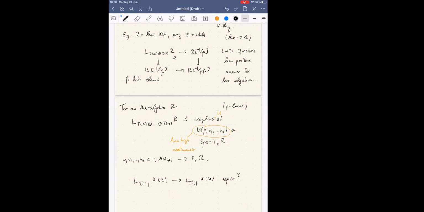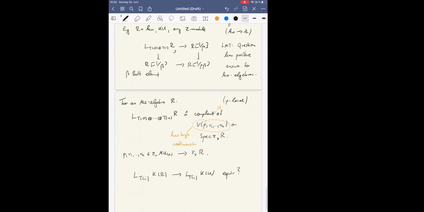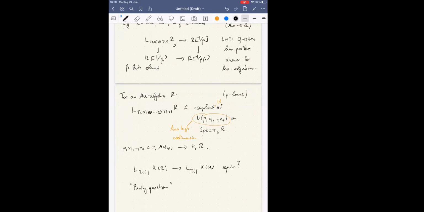And such things are called purity equations. Because, for example, we know the Brauer group of a scheme doesn't change if we remove something in codimension 2 or higher. And I think this has a little bit of a similar feel.